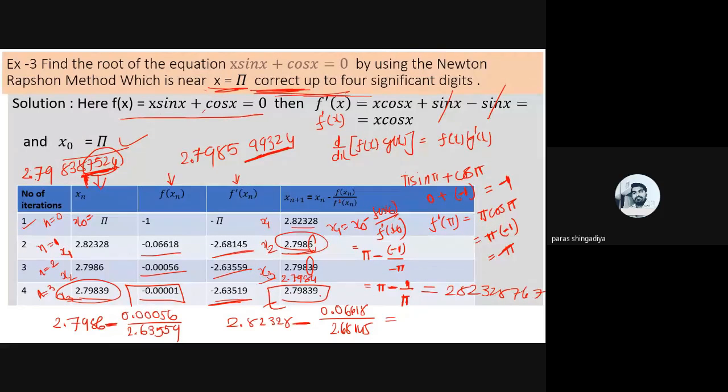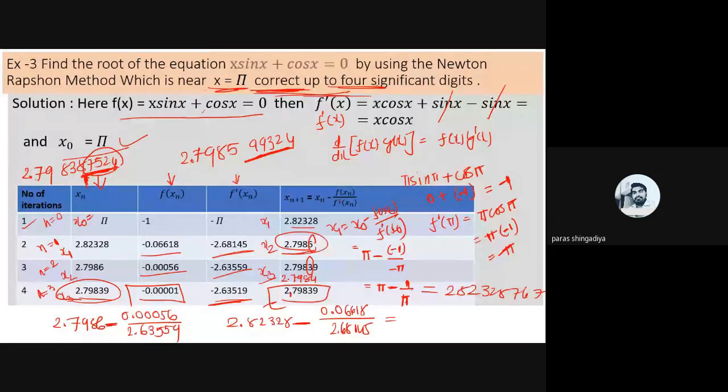So consider 4 to 5 values after the decimal, and just match it as per the example, as per the conditions mentioned in the question. Check your answer correct up to 4 significant digits. If 5 significant digits are given, we'll match 5 digits after the decimal.